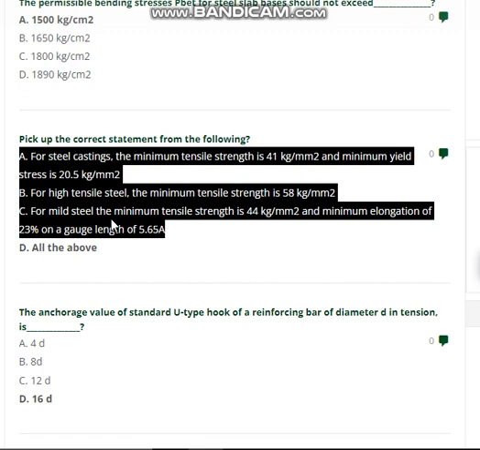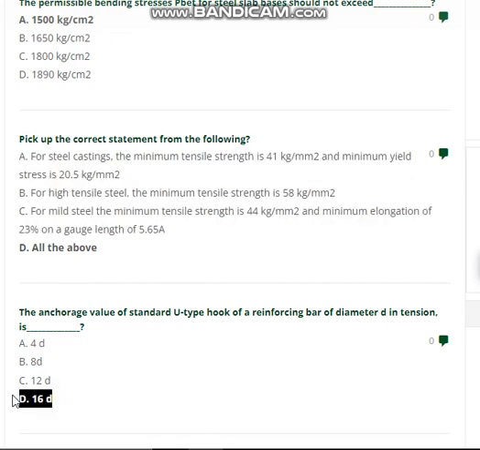For mild steel, the minimum tensile stress is 44 kg per mm square and minimum elongation of 23% on gauge length of 5.65 A. The anchorage value of standard U-type hook of reinforcement bar of diameter D in tension is 16D.